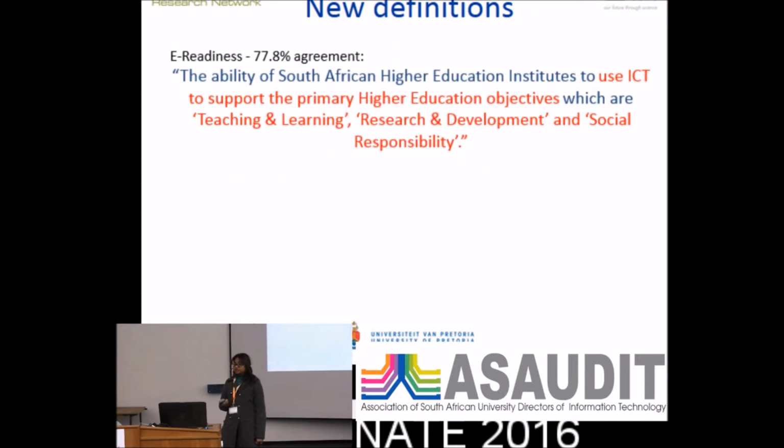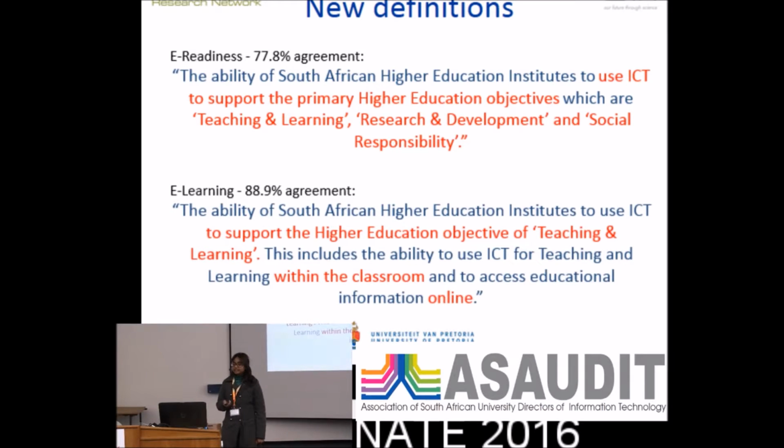So the new definitions that were proposed, in literature you see large overlaps between the terms e-readiness and e-learning. So in my research study, I created 2 separate definitions for these. And e-readiness is therefore the ability of South African higher education institutions to use ICTs to support the primary higher education objectives, which are teaching and learning, research and development, and social responsibility.